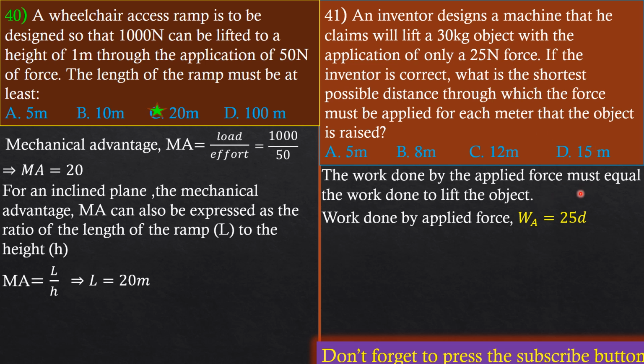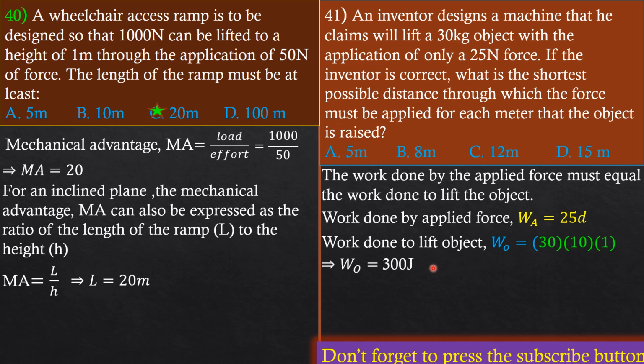And the work done to lift that object, since the mass of the object is 30 kilograms, we can get the weight by multiplying by the gravitational field strength, and the distance through which that must happen has to be 1 meter. It therefore means that the work done is 30 times 10 times 1, which simplifies to 300 joules.